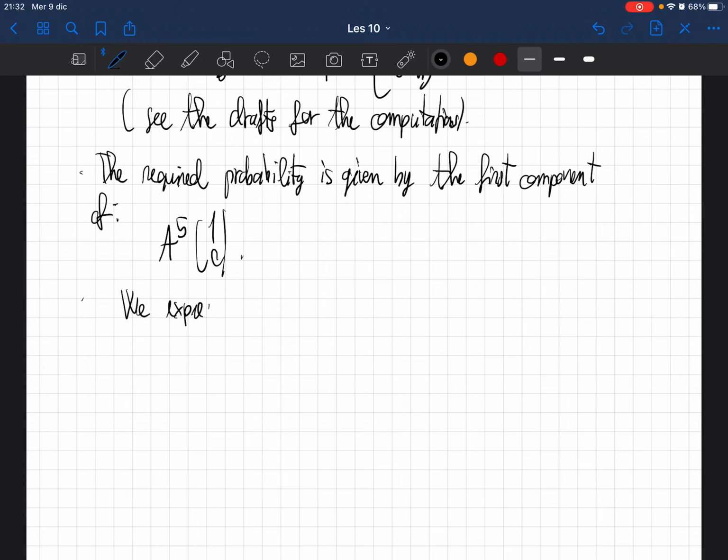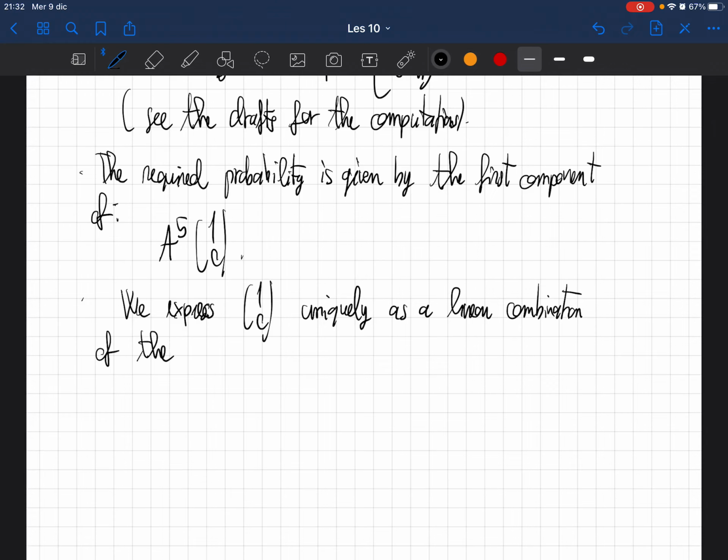So we express (1, 0) uniquely as a linear combination of the basis, which form a basis.